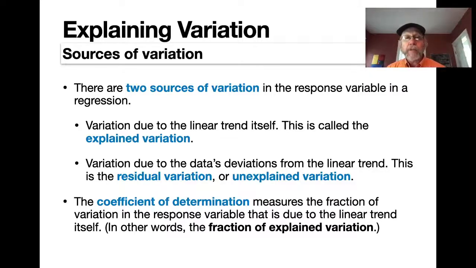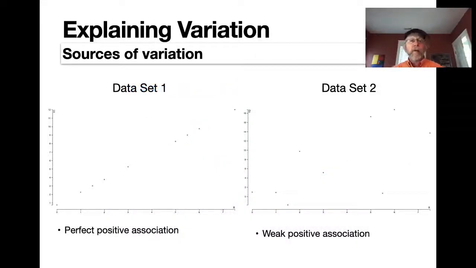So I have some graphs here that illustrate this concept. In data set 1, you see a perfect positive linear association. And in data set 2, you see a weak positive linear association. We can compute regression lines for both those data sets, and there you see them.